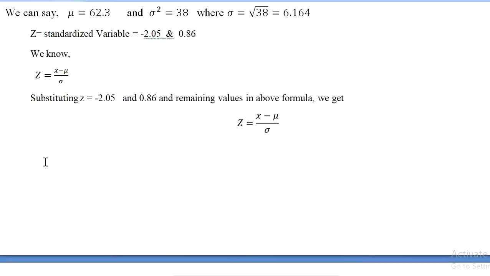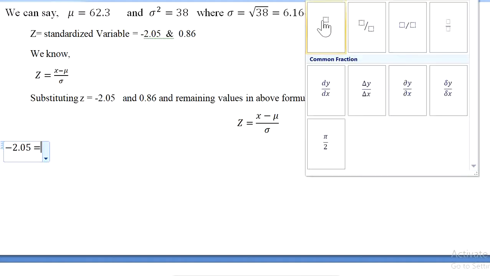All right. Now the first value of z is minus 2.05. This is the first value of z, which is equal to, we don't have x, so we will not substitute x as this is the requirement.